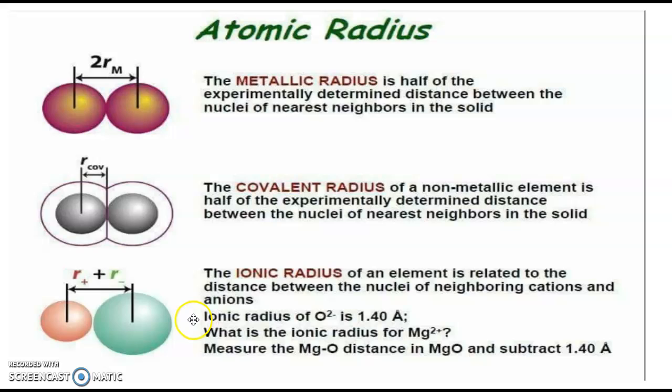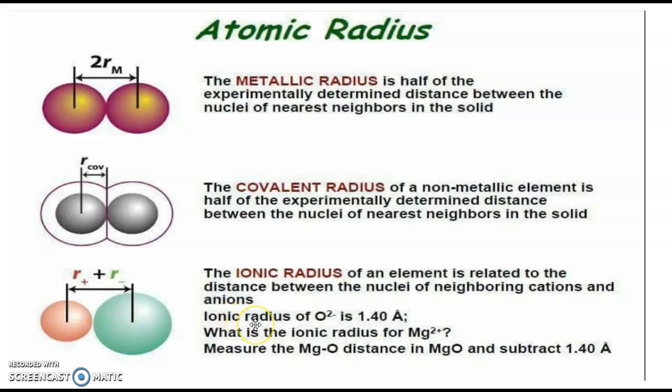We discussed metallic radius and covalent radius, where we took half of the distance. But in ionic radius, it is not half, it is the total distance, that is r plus plus r minus, the radius of the cation plus the radius of the anion.